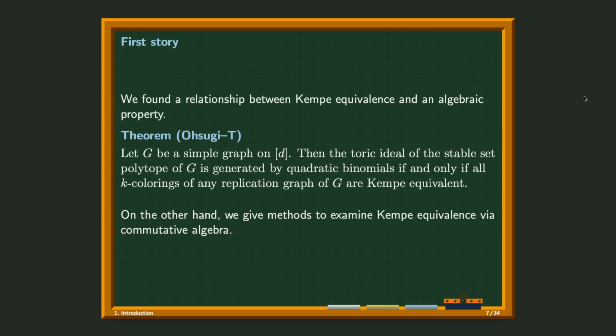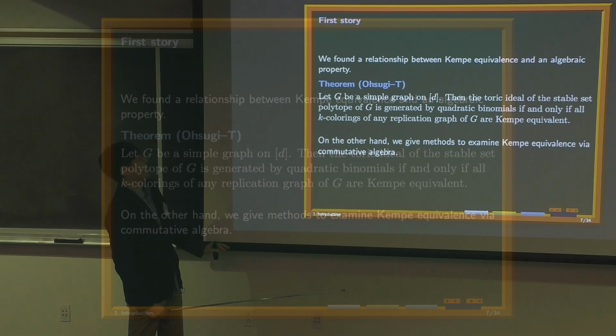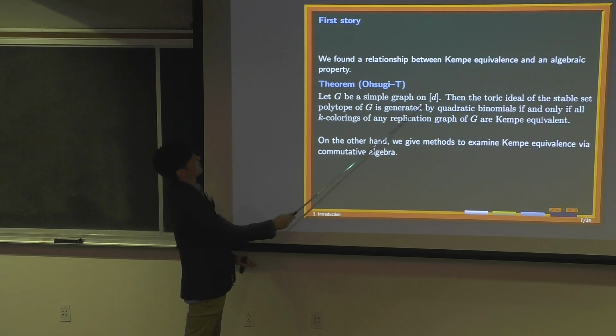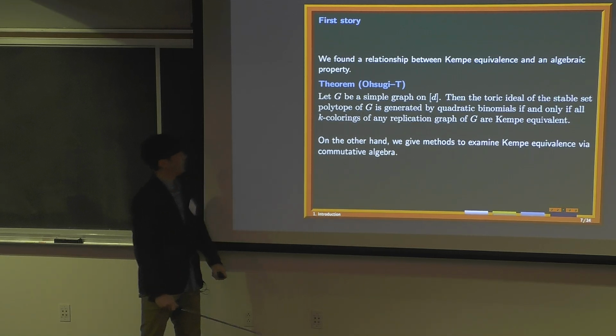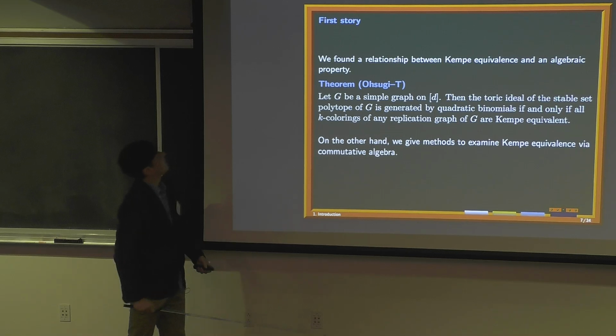This toric ideal is generated by quadratic binomials if and only if all k-colorings of any replication graph of G are Kempe equivalent. Namely, we can characterize the quadratic generation of this toric ideal in terms of Kempe equivalence. This is our first main theorem.